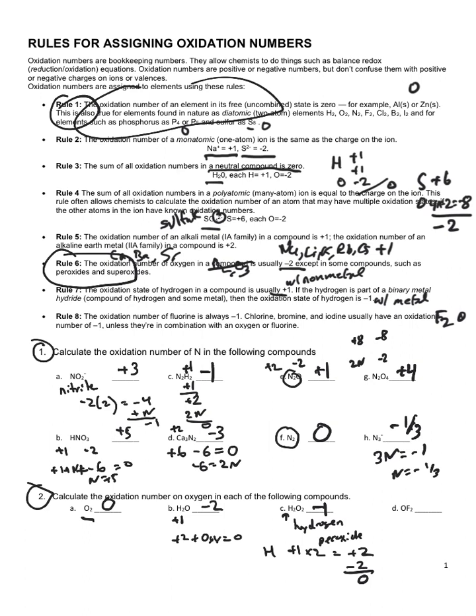The last example, OF2, oxygen difluoride. Fluorine, when we put it in a compound, is always going to have an oxidation number of minus 1. How many fluorines do I have? I've got 2 of them. 2 times minus 1 is minus 2.